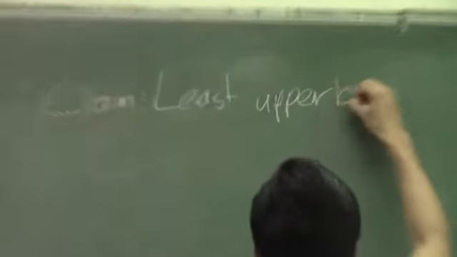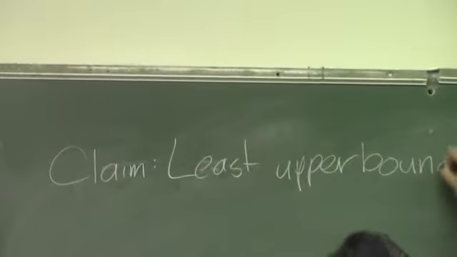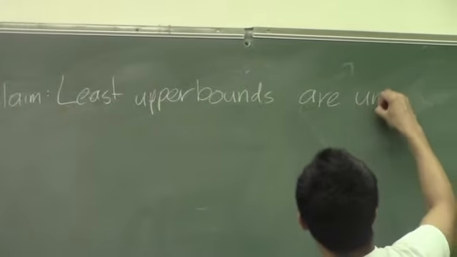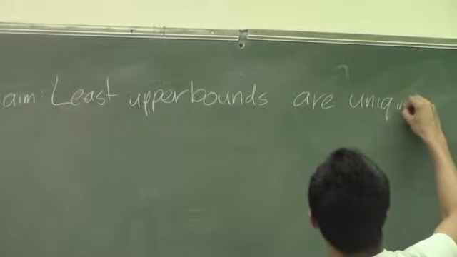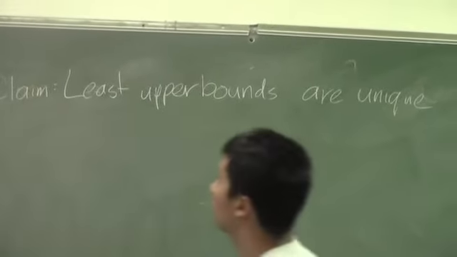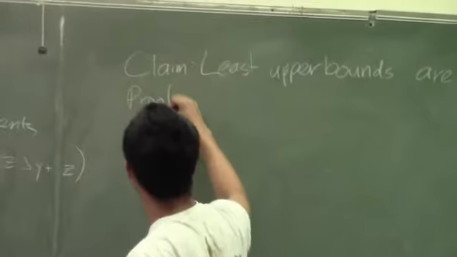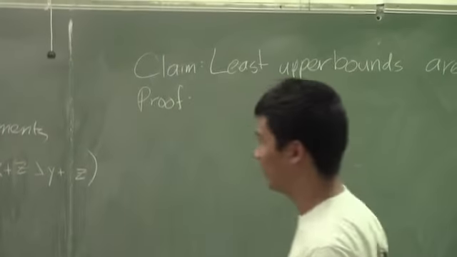You want him to write that down? Yeah, exercise. So if I give you a set, there is only one least upper bound. Don't ask me to prove it. Assume there's two.